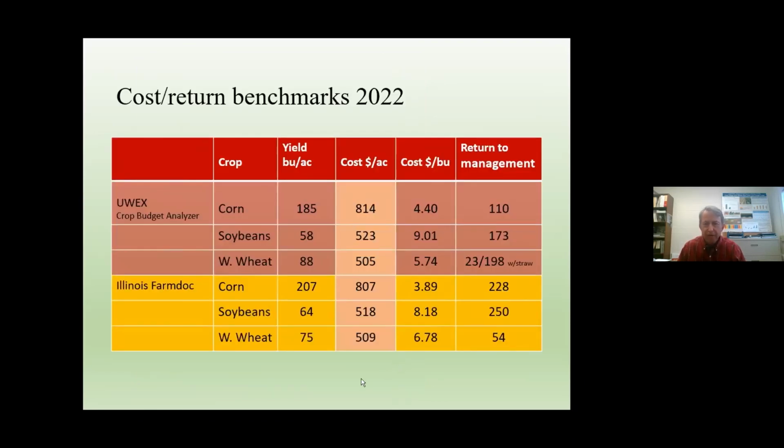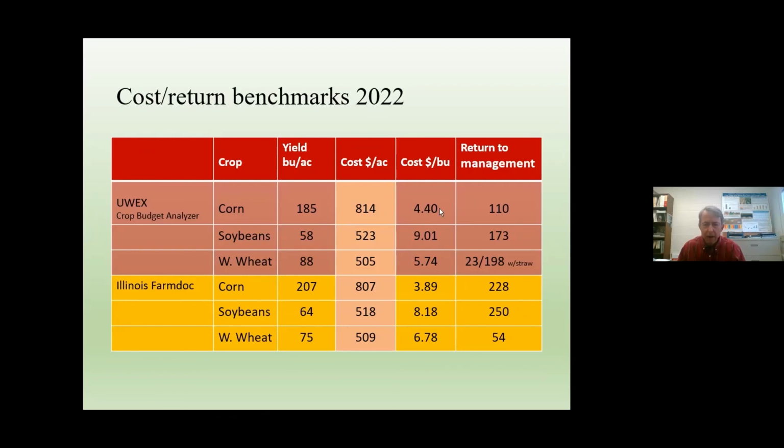I'm just comparing this with, so I did the same kind of exercise for soybeans and winter wheat. And so on my cost per acre, as I said, corn was $814, soybeans I came up with $523, winter wheat at $505.